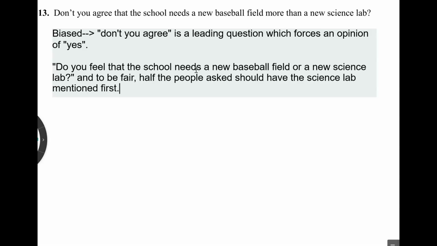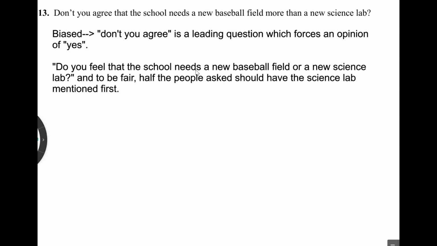But I'm being a little extra. Ready? Here's the baseline you could write for this one: Biased. Leading question. Forces opinion. Do you feel the school needs a new baseball field or science lab? Yes, that's it.